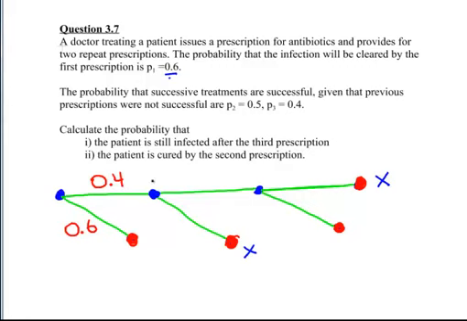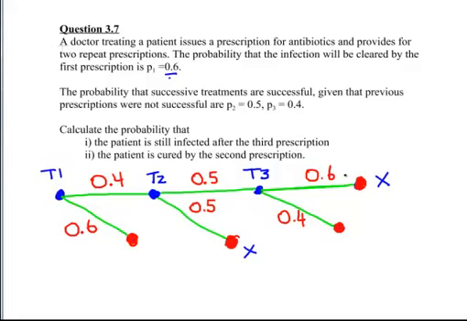Actually, I'll just mark this in as T2 and T3, just to make it a bit easier. It's good to annotate your diagrams. The probability of the second treatment being successful is 0.5, and necessarily that it's not successful is also 0.5. The third treatment, the probability that it is successful is 0.4. So necessarily the probability that it's not successful is 0.6.